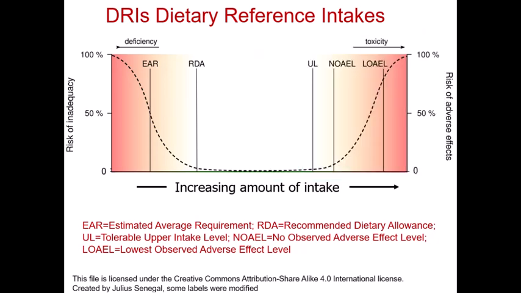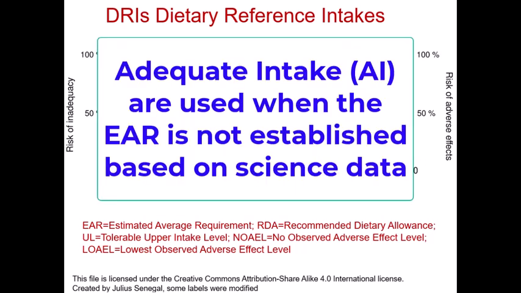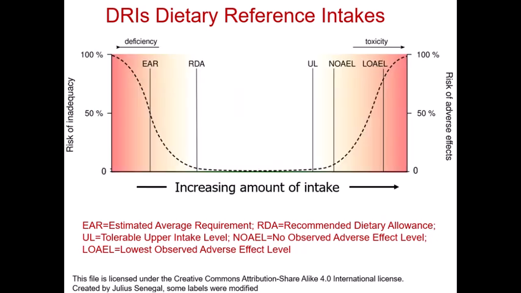The DRI values may also include AIs, or adequate intakes. AI values are published for nutrients that do not have enough science studies that can be used to establish an EAR. In those cases, experts in nutrition and medicine estimate the likely needs and publish it as an AI.